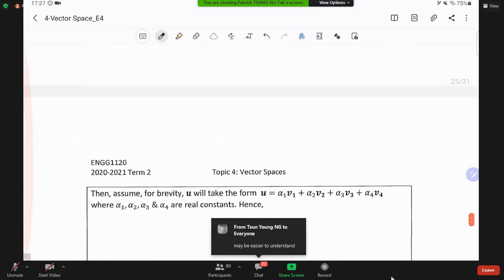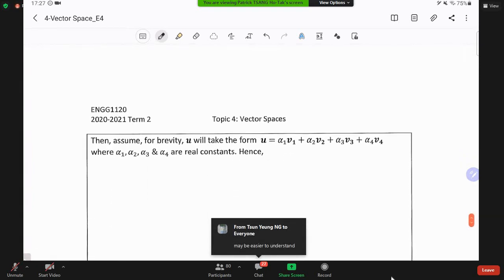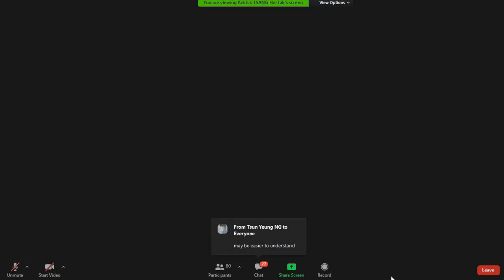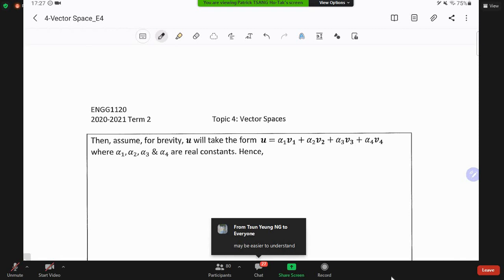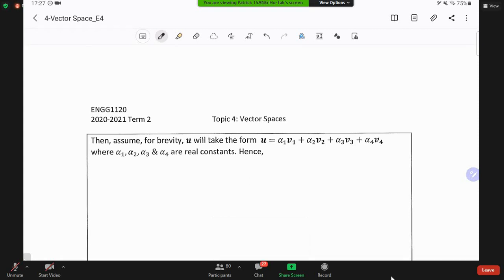Now I would like to use the idea about linear combination, because Theorem 6 told us that we can always transform the given vector u in terms of the linear combination of the vectors in the orthogonal basis.